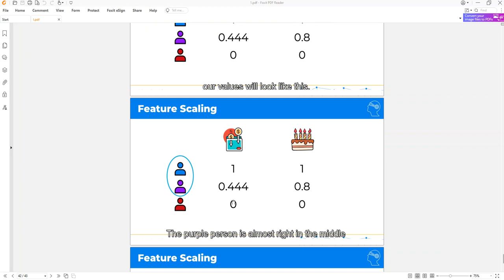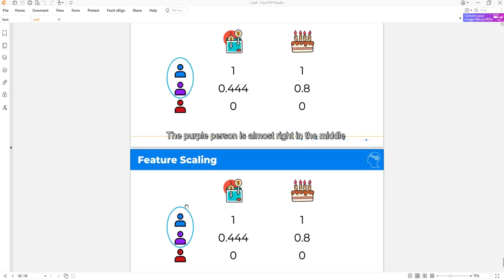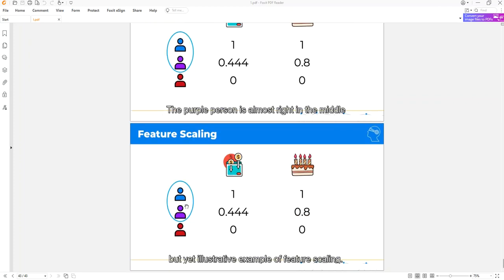You might be tempted to think it is closer to 0, but it is getting right up there towards 0.5. But this is the actual deciding factor: 0.8 is closer to 1 and farther from 0, and that helps us decide that the purple person is closer to the blue person. And that's it.